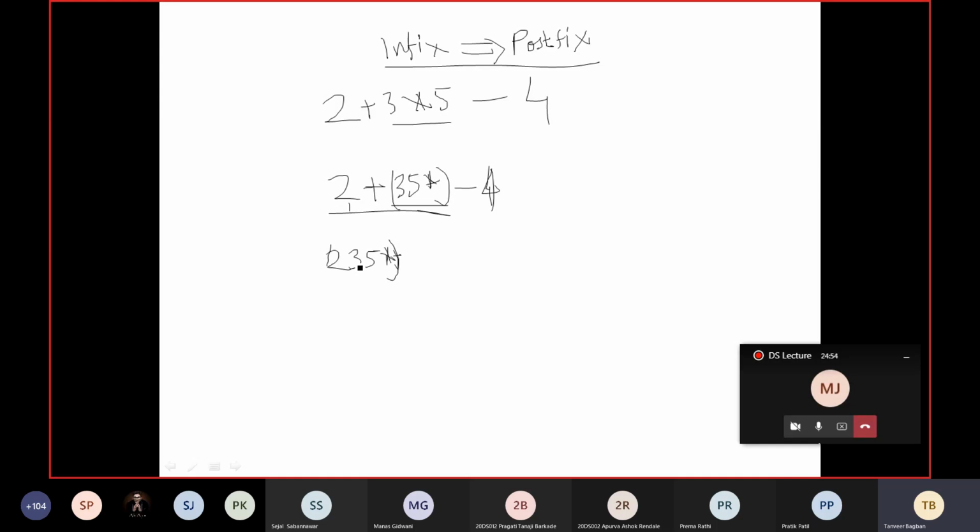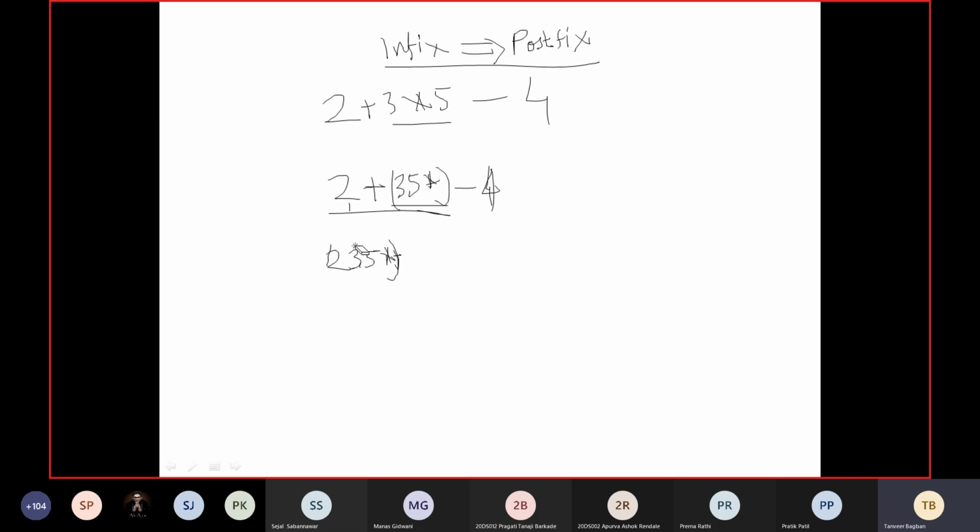This plus is taken out. So it is 2, this operand, and then the next operand is 3 5 multiplication, and after this plus is used. Now this entire becomes another operand, and the remaining is minus 4. So this is one operand and this is another operand, and this minus is taken out.